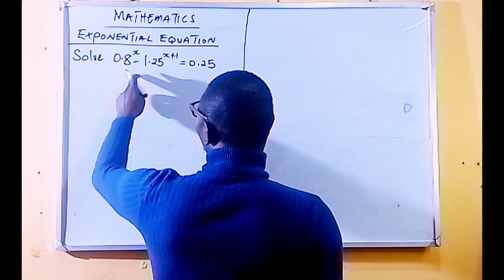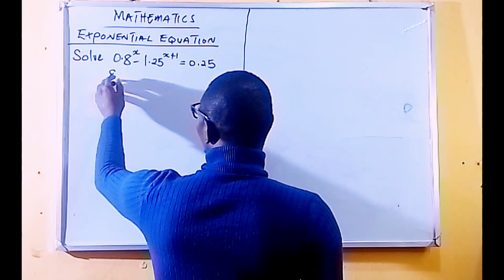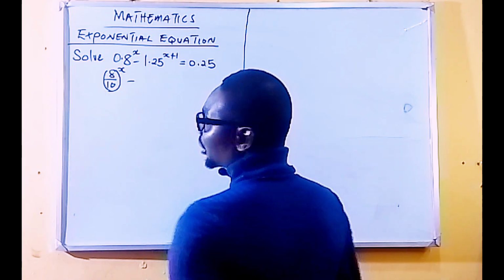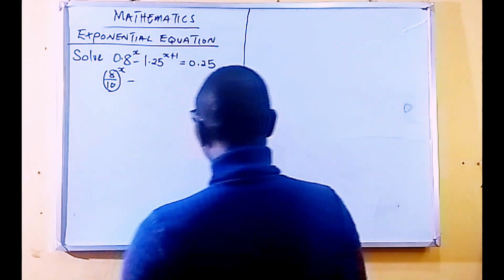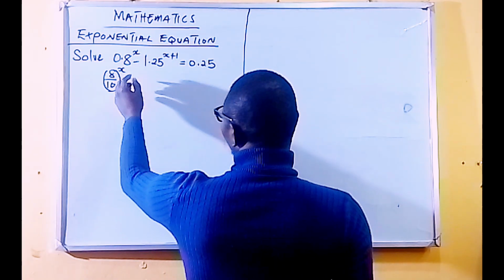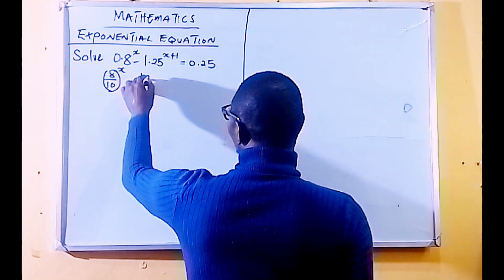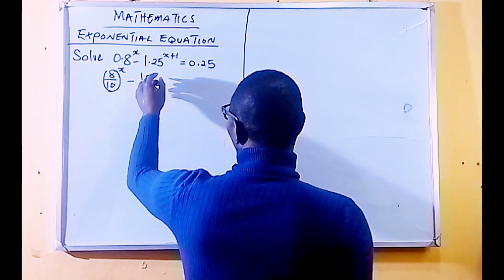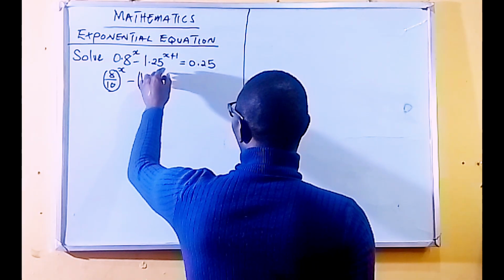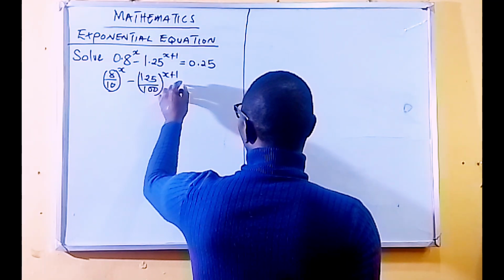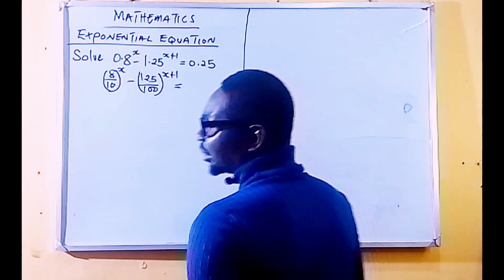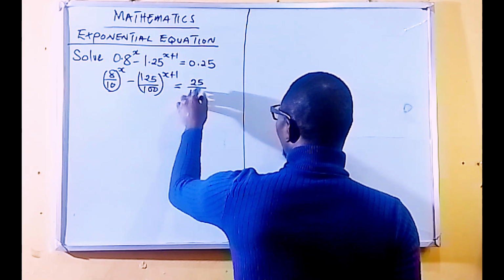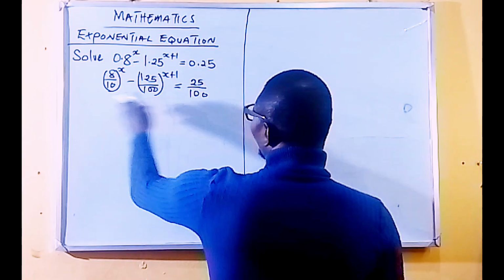If I convert 0.8 to a fraction, I'm going to have 8 over 10 raised to the power of x minus 1.25, which in fraction is 125 over 100, raised to the power of x plus 1, is equal to 0.25, which is 25 over 100.